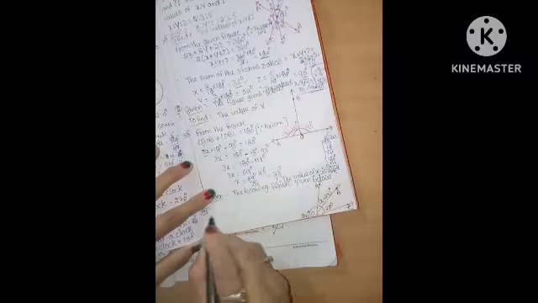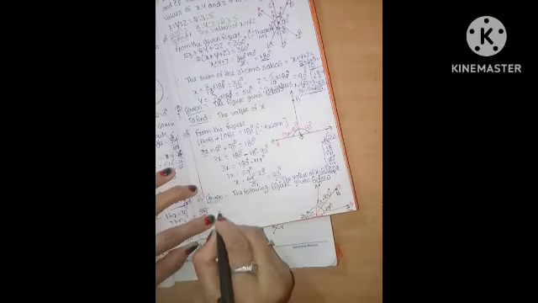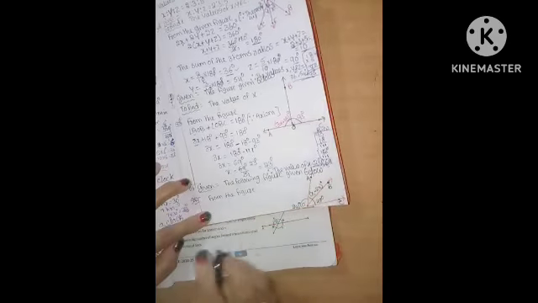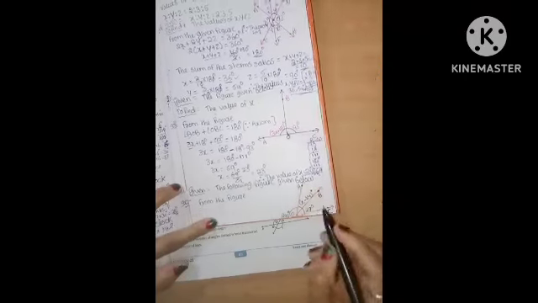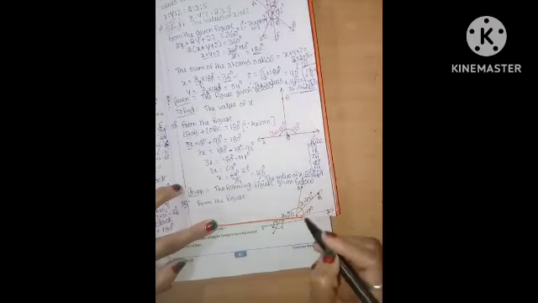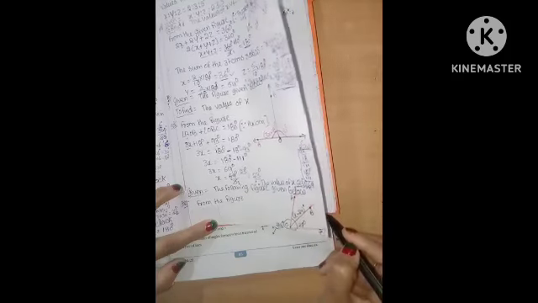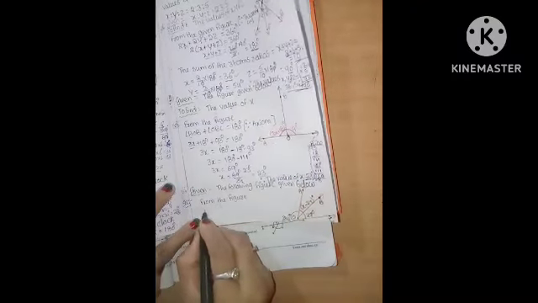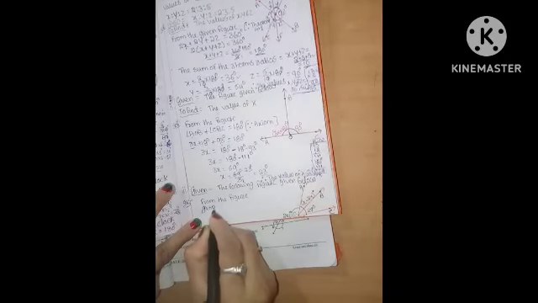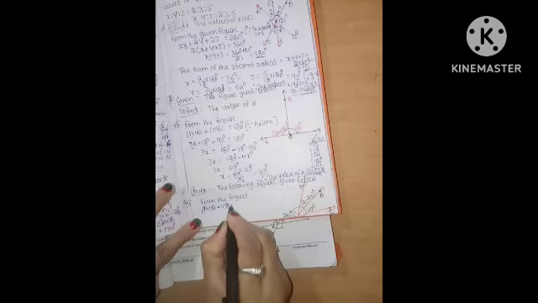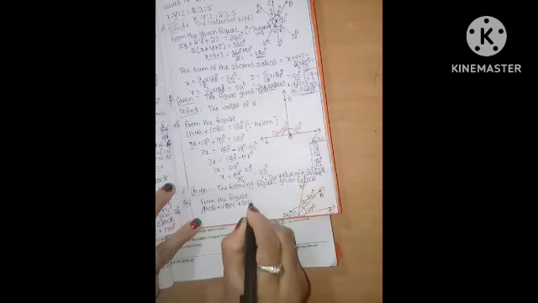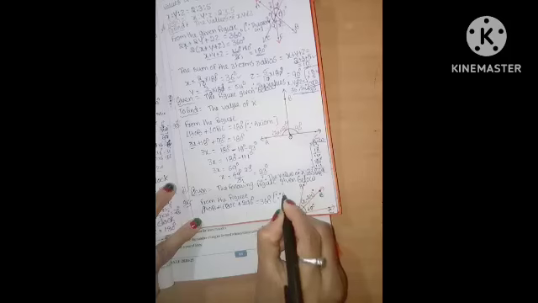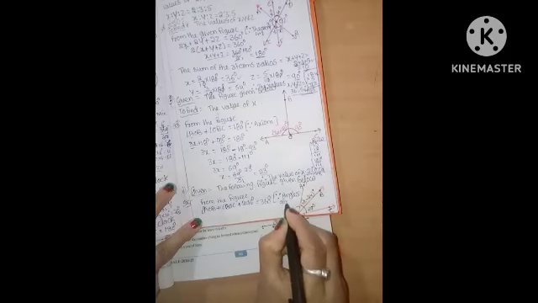Let the solution for this problem be: from the figure, angle AOB plus angle BOC plus 296 degrees is equal to 360 degrees, since by using angles at a point.